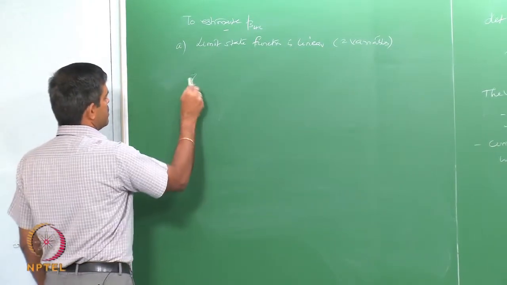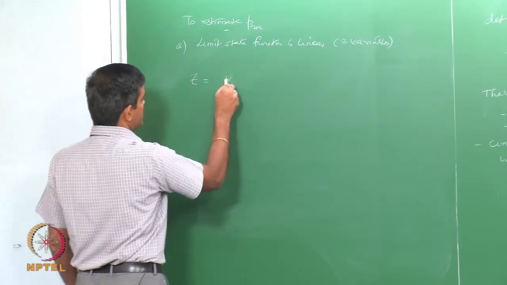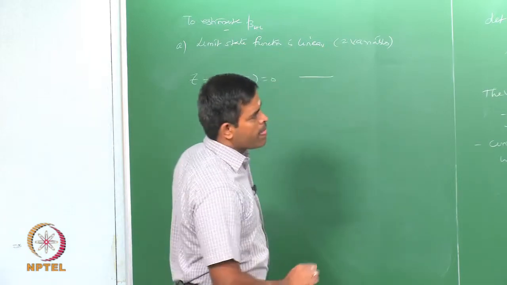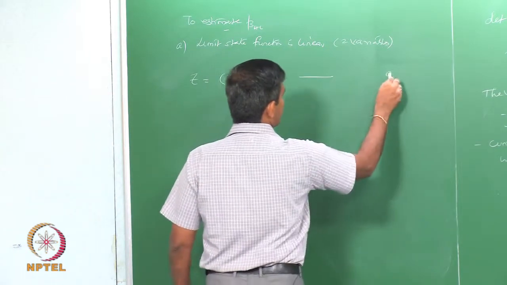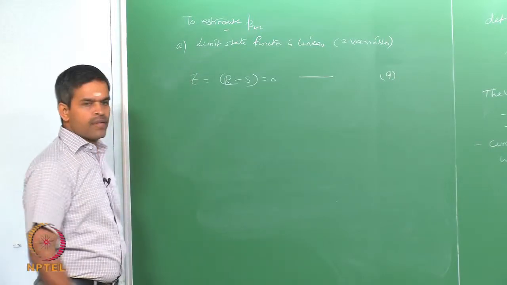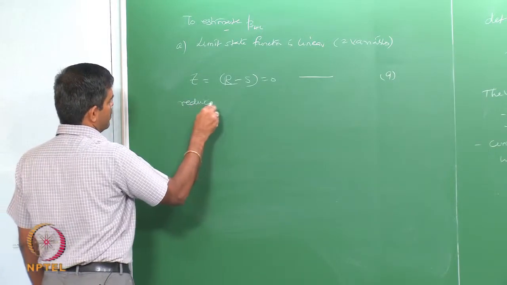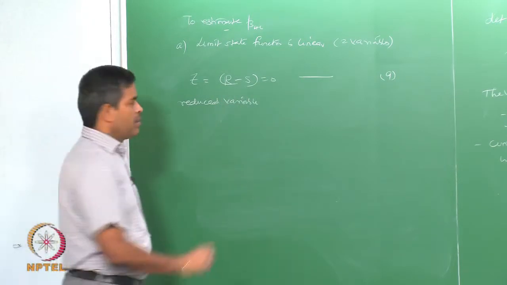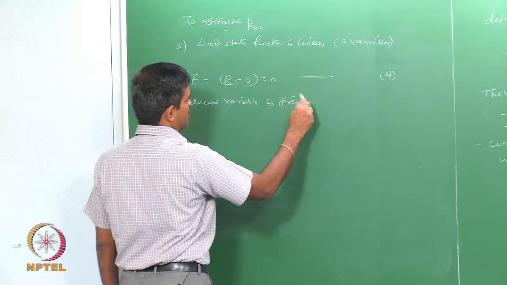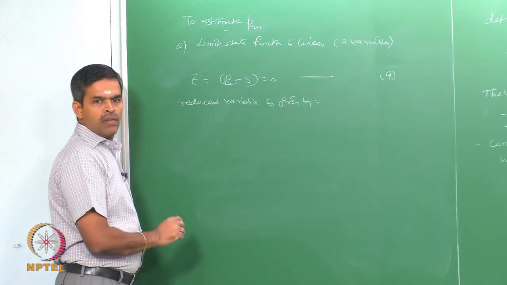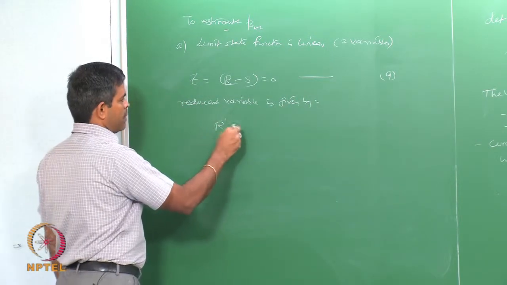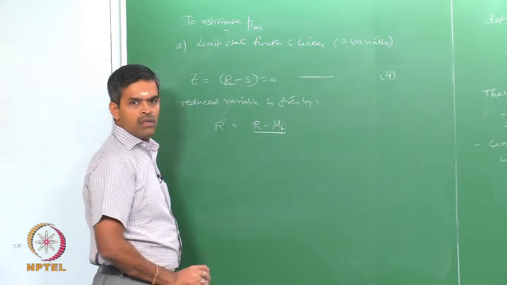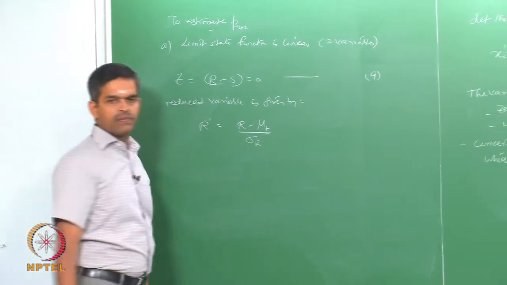So, in that case we know z is r minus s, which is 0. The reduced variable is given by, let us say, r prime is r minus mu r by sigma r, which are known to us.